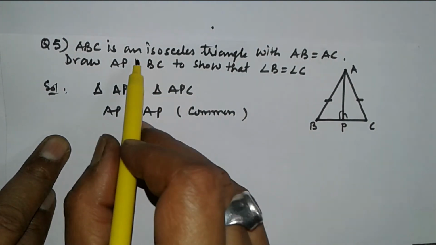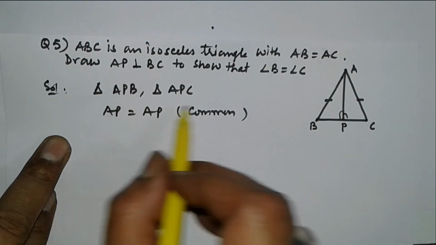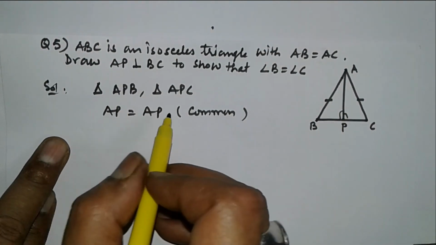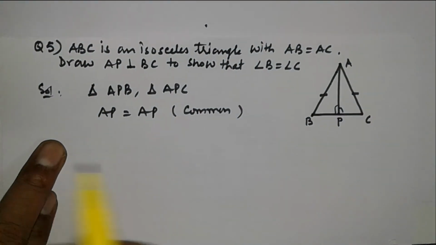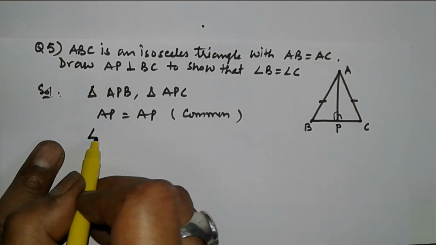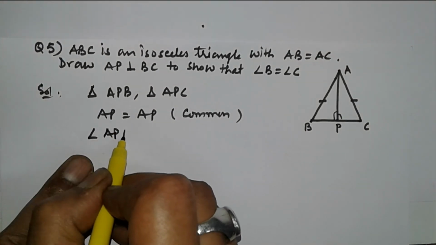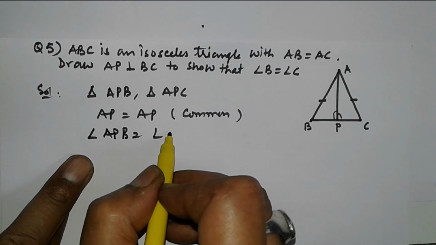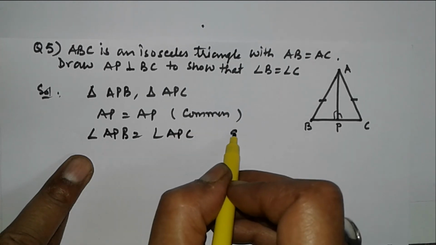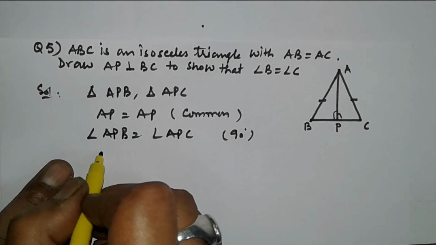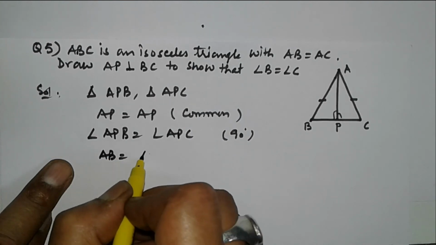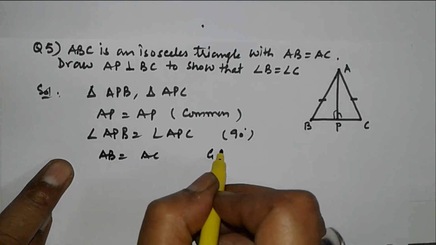Now it is perpendicular. That means here we write angle APB is equal to angle APC, 90 degrees, and AB is given equal to AC. It is given.